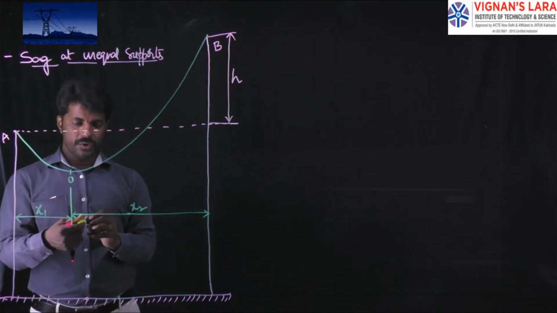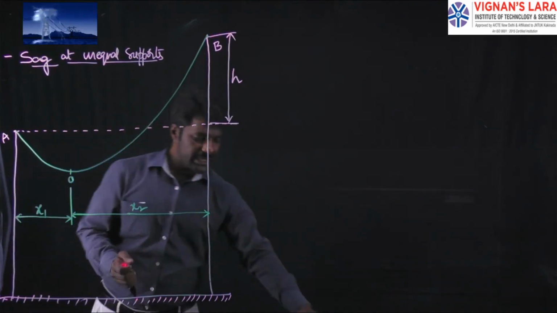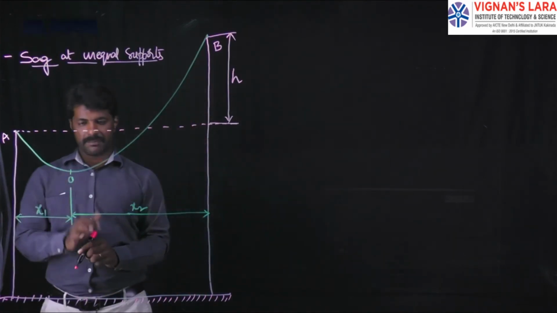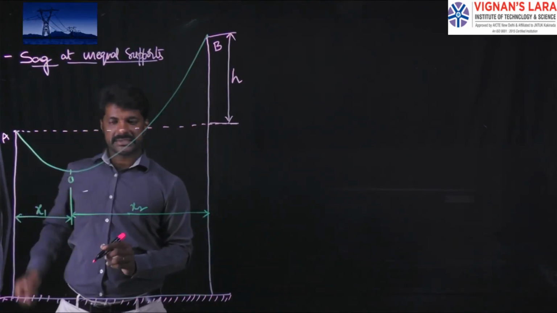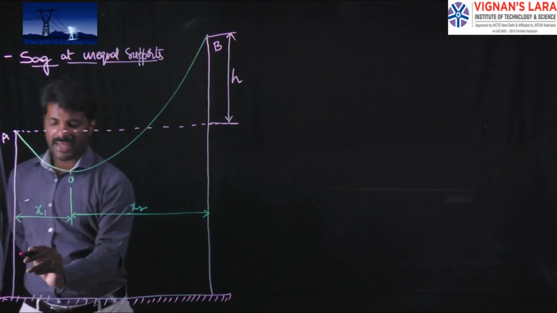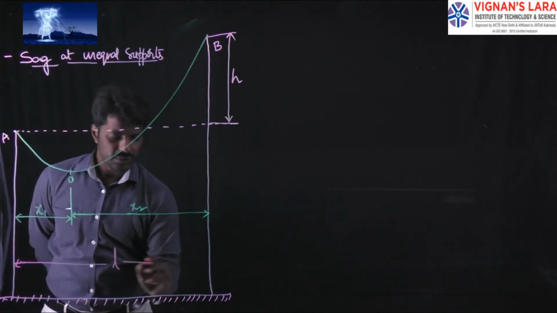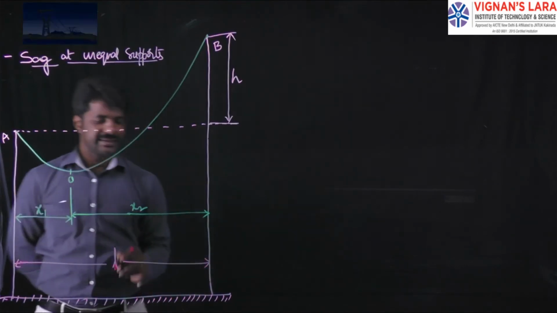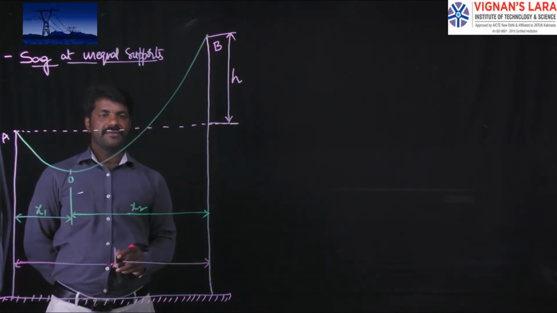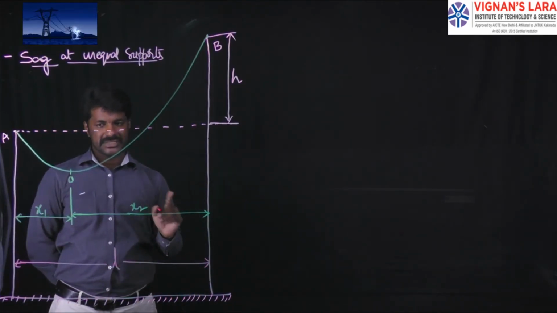So point O plays a major role in our derivation, where it is considered to be the origin. We also know that the distance between the two supports is called the span length L, and the weight of the conductor is assumed to be Wc.